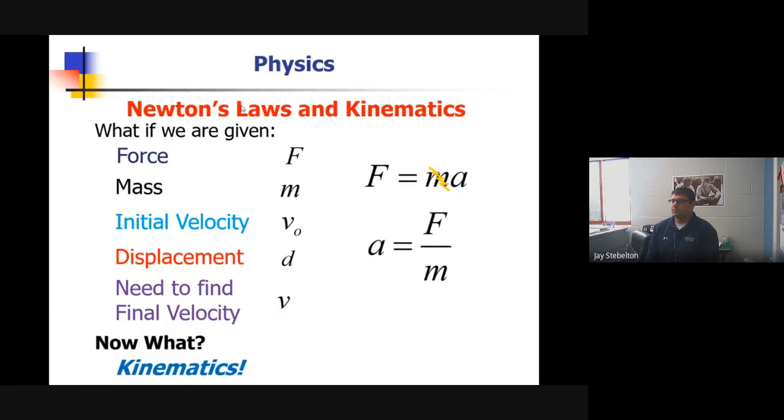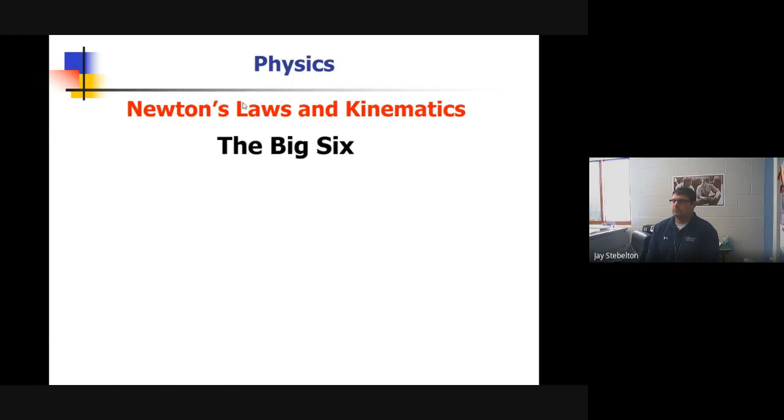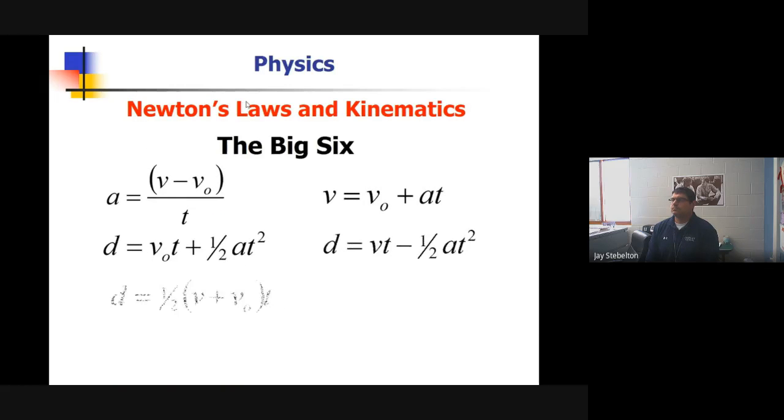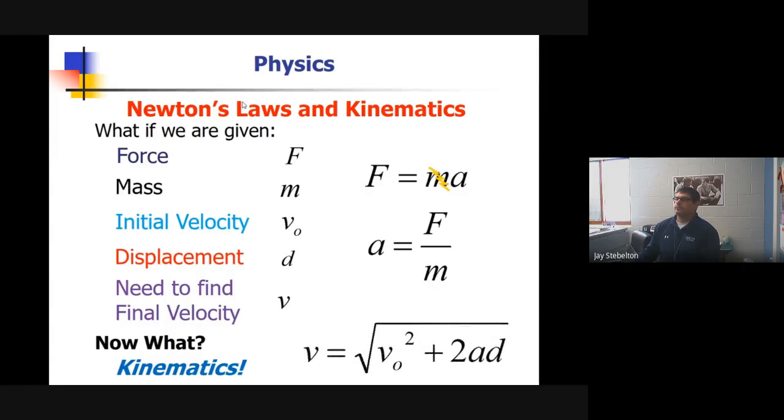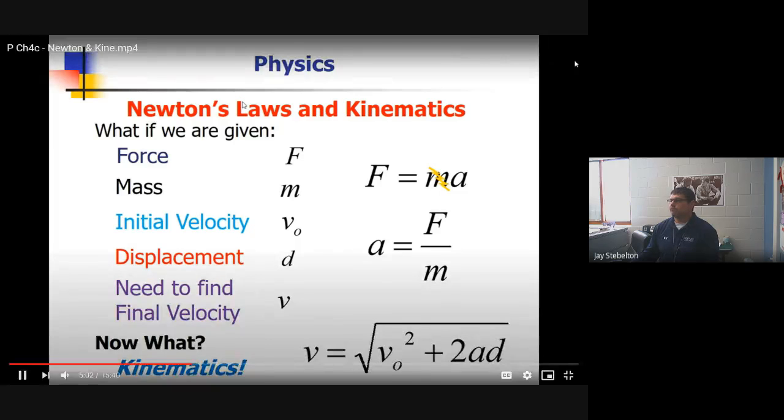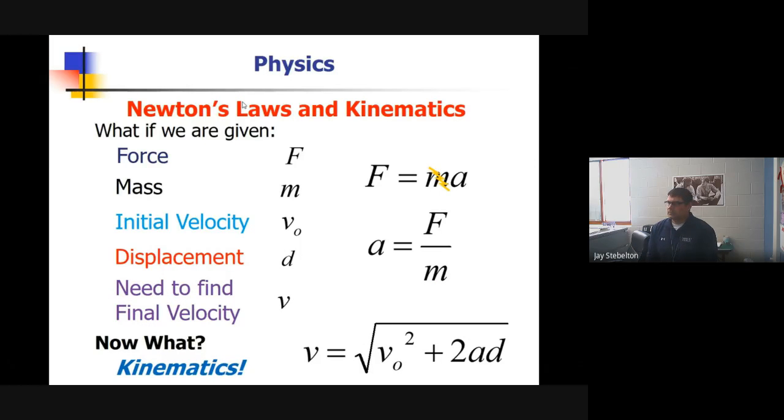The kinematics. Notice with this one, I don't have time anywhere as a given. Well, when I look at my big six equations for kinematics, only one of those does not have time as a variable. Makes this one an easy choice, the v squared equation. So with these givens and what I'm looking for, I would need, first of all, Newton's second law, then the v squared equation solved for final velocity.